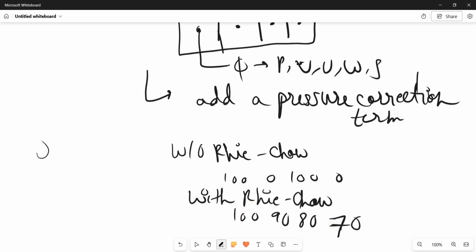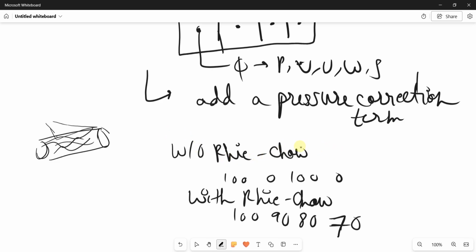So if there's a flow and there's velocity, there's water moving at a certain velocity, so the pressure keeps gradually changing. How the pressure changes is not something that we have to worry about now, but it's changing, right? It's not that the pressure exists but there's no velocity, as we had seen in the normal collocated grids problem.